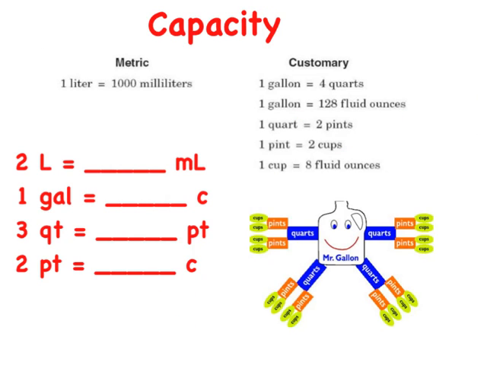My next units of measurement that I'm going to look at are capacity. And I see in my chart, if I'm looking at the metric, I have 1 liter, like a liter bottle, is 1,000 milliliters. And in the customary, I have 1 gallon is 4 quarts.